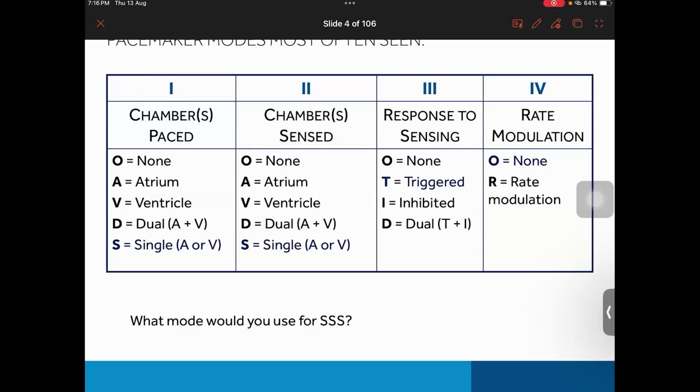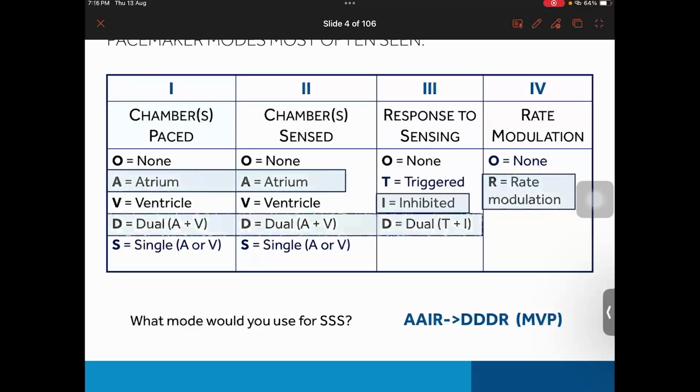So what mode will you use for sick sinus syndrome, AAIR or DDDR? Managed ventricular pacing, MVP, is a protocol in Medtronic devices. It is a mode that will appear to you in these letters, AAIR, DDD.